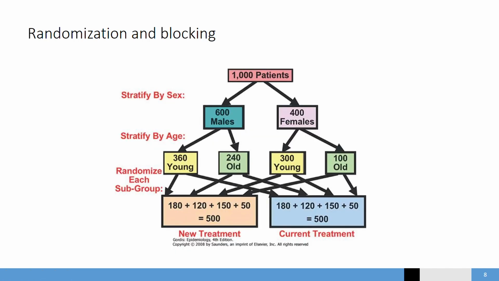And another important source of variance might be given by some other variables. So let's say that in your experiment, sex and age of the animals or your patients or whatever can make a big difference. So maybe young males respond differently from old males or young females.